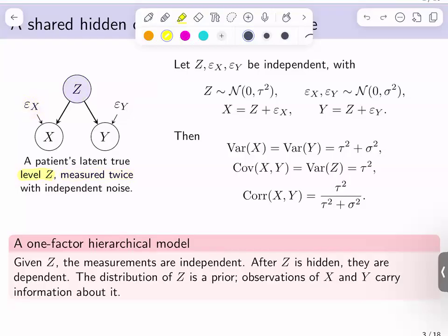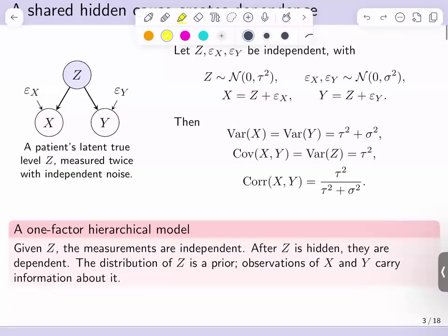So these two measurements of the same quantity from the same patient will be highly correlated because there is some underlying biological factor that's common. And so mathematically, the easiest way is X is just Z plus epsilon X and Y is Z plus epsilon Y. It could be a more complicated function of both.